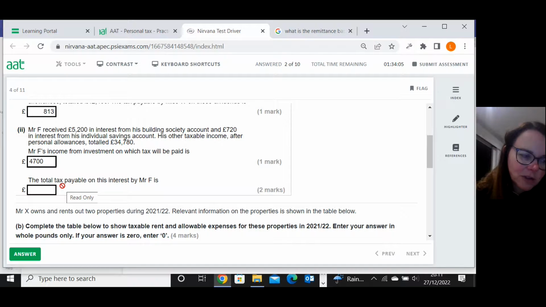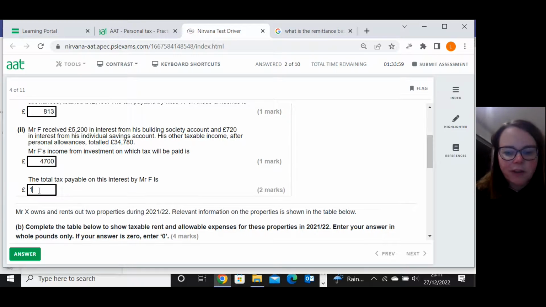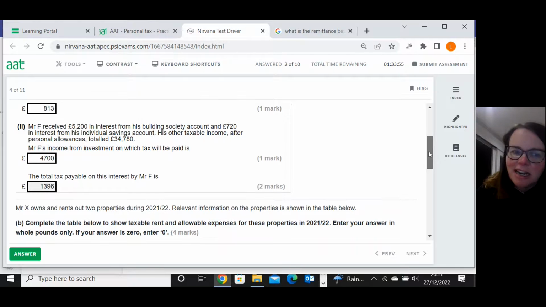So I've got that 912, add it to the 484 at the basic rate, and my overall answer here is 1,396. As I say, I think that's quite challenging. I got it wrong. I was just taxing the 4,700 on top of this figure. I forgot about the 500 at 0%, which is obviously going to shift a bit more of it up into the higher rate band.